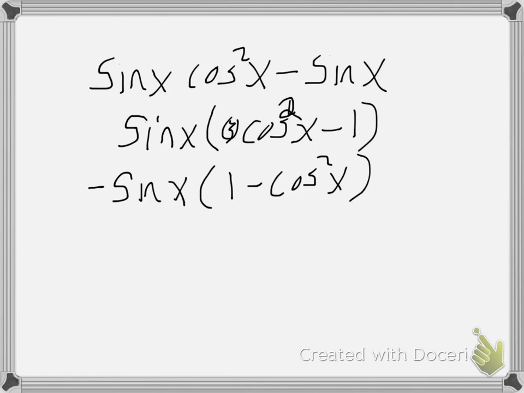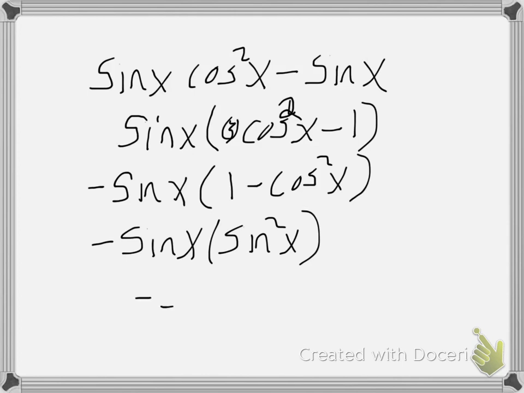And what is 1 minus cosine squared of x? Well, we know that that's sine squared of x, right? So it's negative sine of x times sine squared of x. Hopefully you understand that that's negative sine cubed of x.